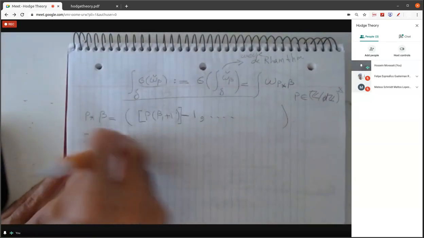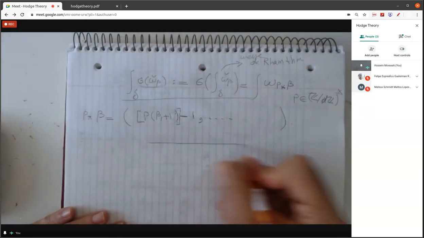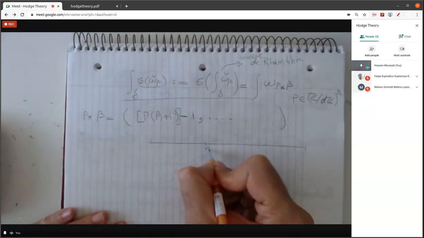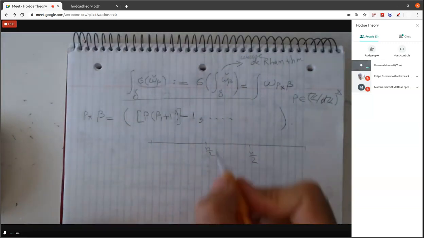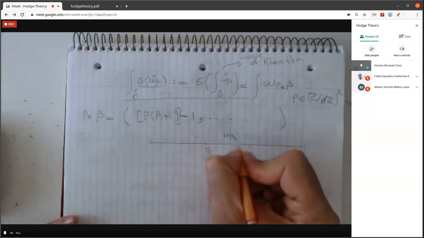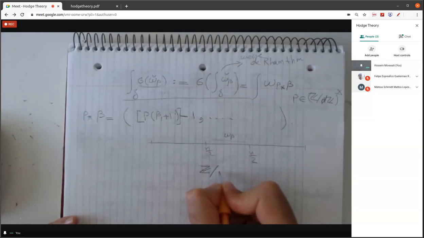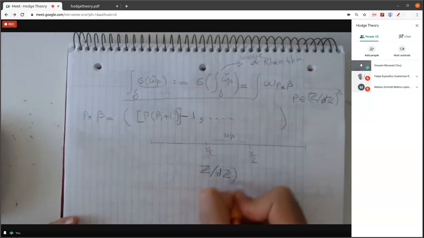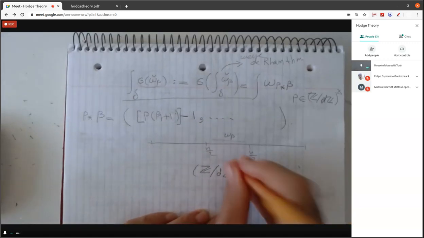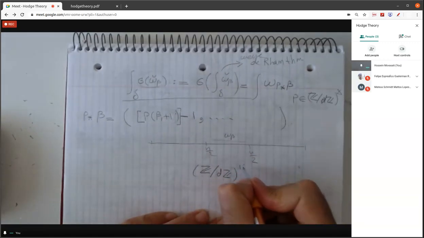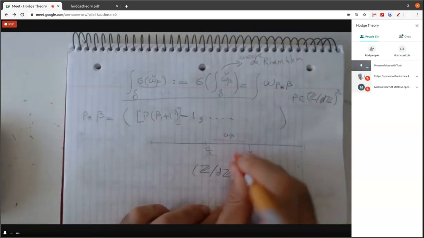So what is now our elementary problem? Maybe I make again the picture. I started from omega beta here, and then the point is that I took an invertible element p.